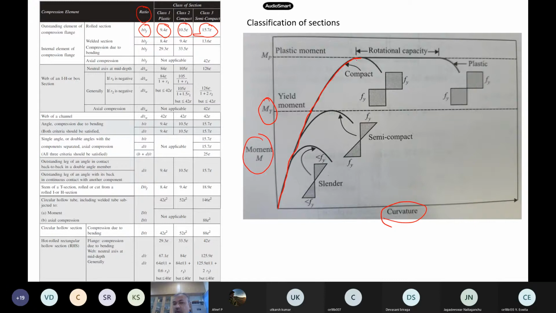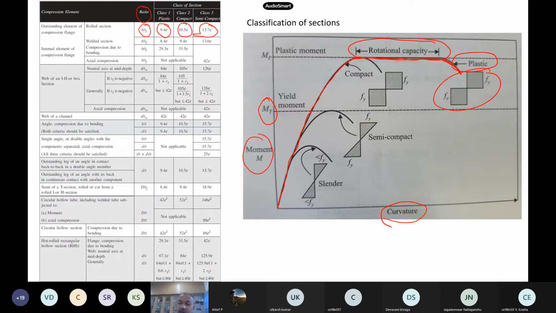It may hold like this for some time, and after that it collapses. So this is what we call the plastic section. It should go into the plastic moment and should have some rotational capacity. It should be able to hold the plastic moment for some amount of time, and then it leads to collapse. This is the definition of the plastic section.